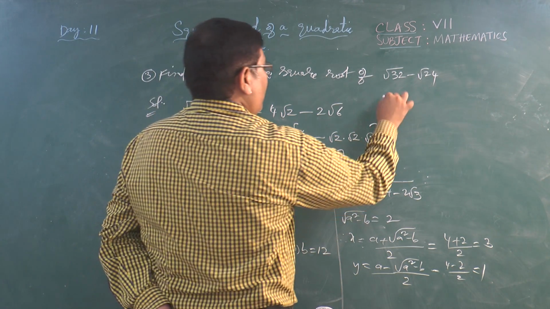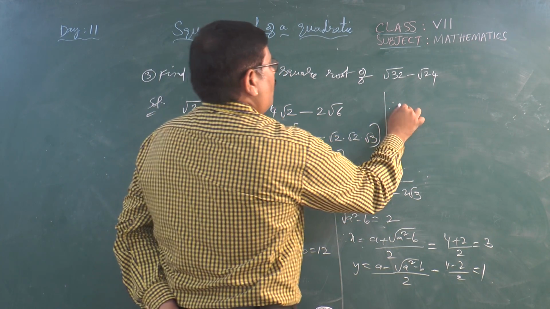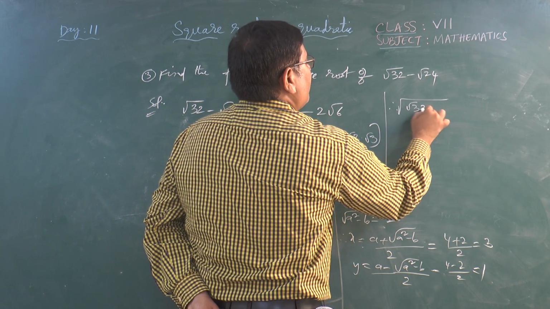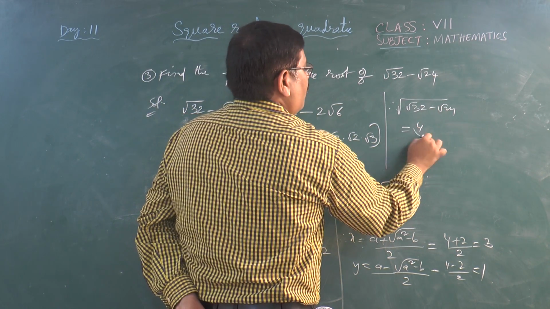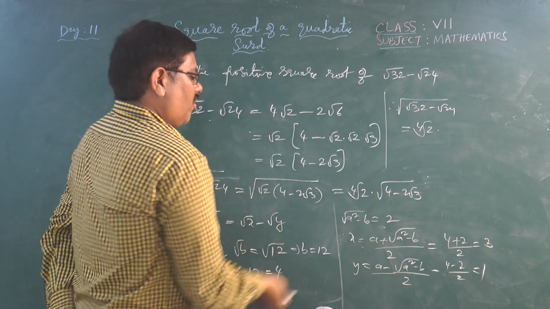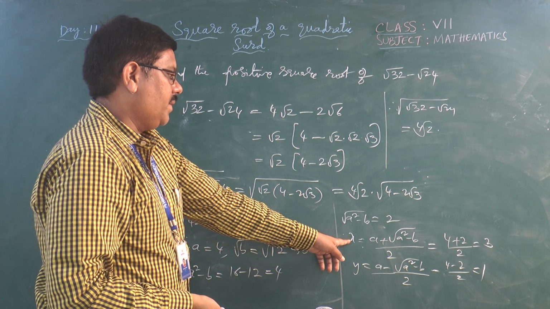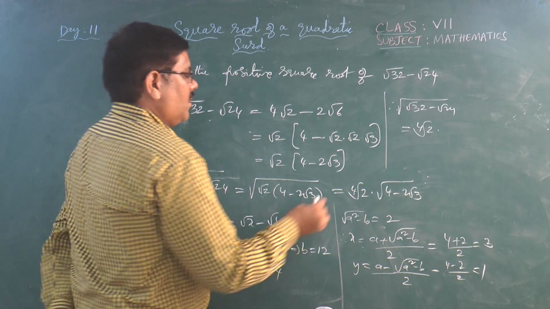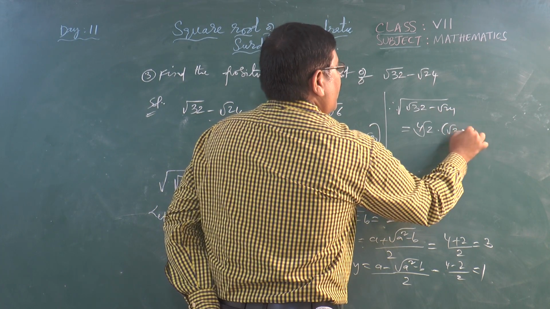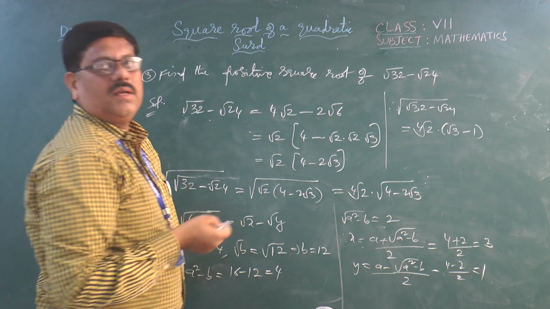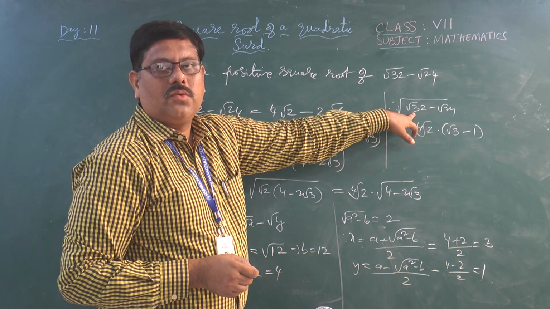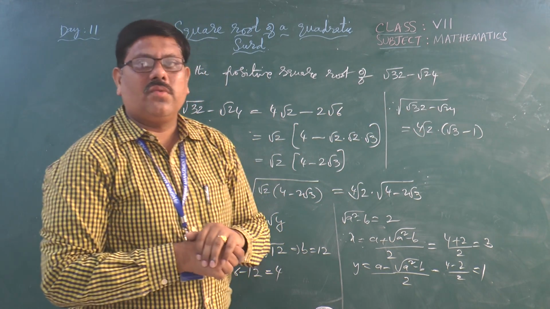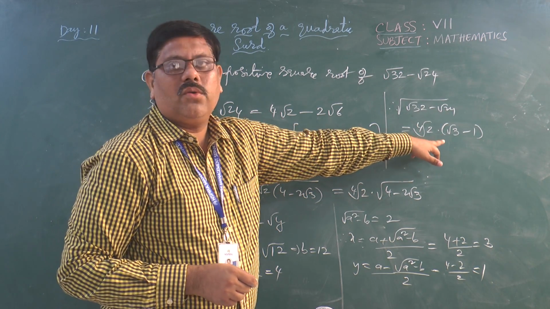Therefore, finally I can conclude the square root of root 32 minus root 24 is equal to 4th root 2 into root of 4 minus 2 root 3. Root x means root 3, root y means 1, so it is into root 3 minus root 1. That is the answer: the square root of root 32 minus root 24 is 4th root of 2 into root 3 minus 1.